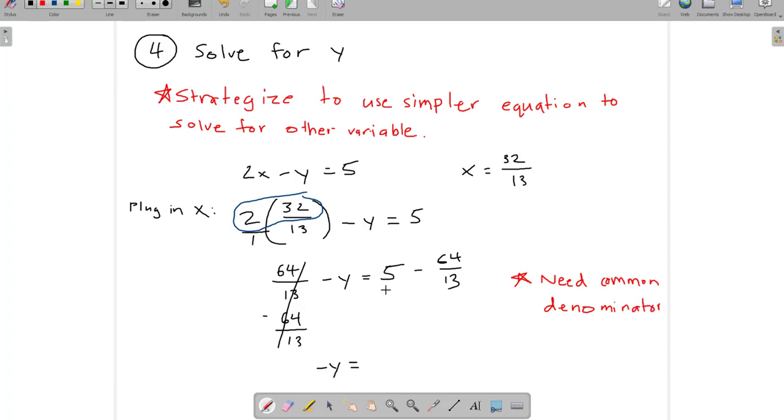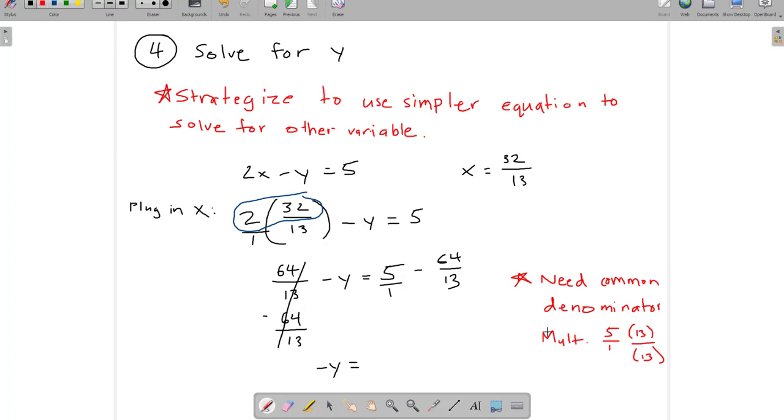So keep in mind that this 5 is just 5 over 1. So the common denominator that I'm going to go for is just 13. So I need to multiply this 5 over 1 by 13 over 13, because then you'll see that we get this 13 in the denominator, and then we'll be able to combine the numerators.